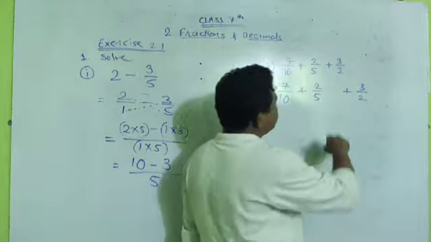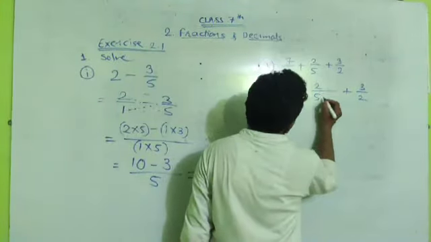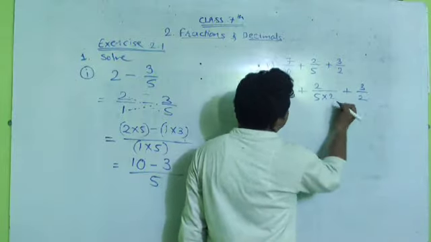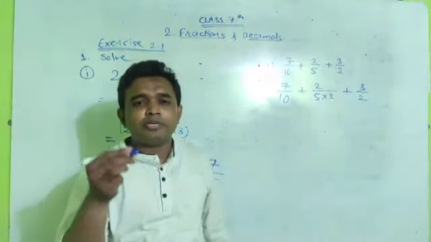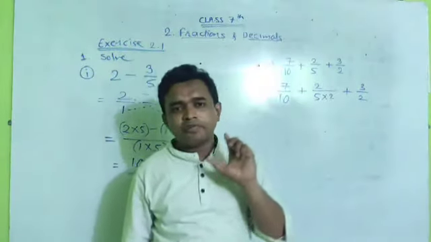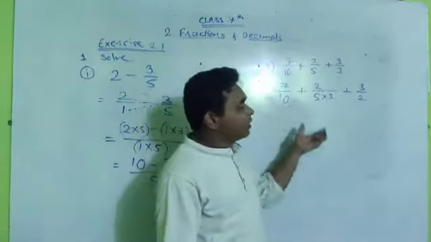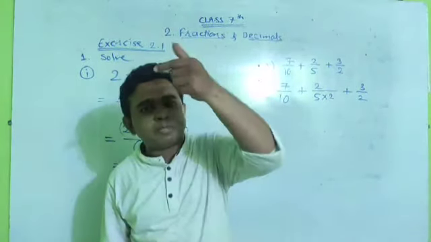Now 2 upon 5 is given, so we have to convert this 5 into 10. Therefore multiply by 2. To convert the denominator 5 into 10, we simply multiply the given denominator 5 by 2. But when we multiply the denominator by a number, the same number is also multiplied to the numerator.